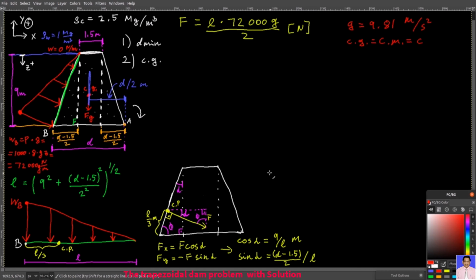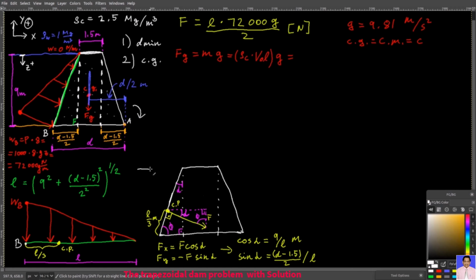To compute the force of gravity of the dam, we have Fg equals the mass of the dam times g. The mass of the dam is the density of the concrete times the volume of the dam times g.